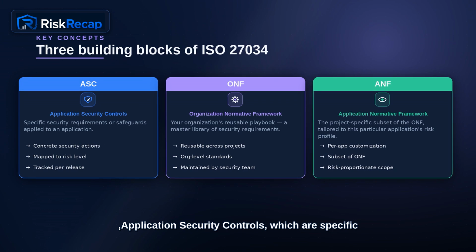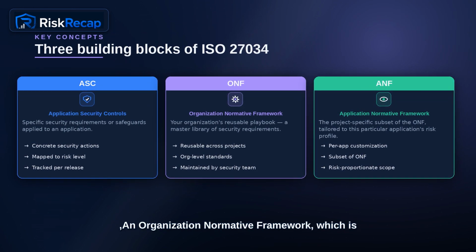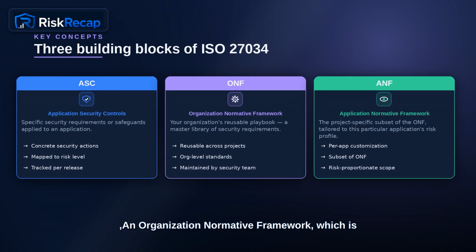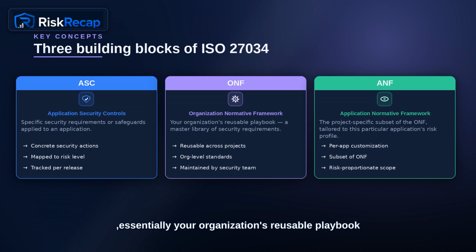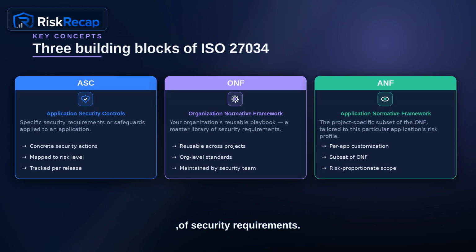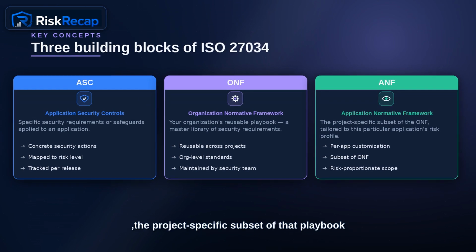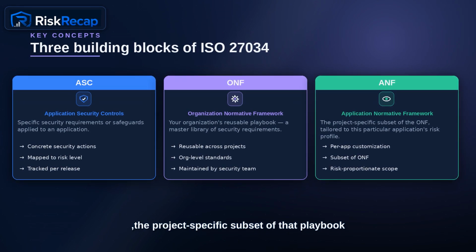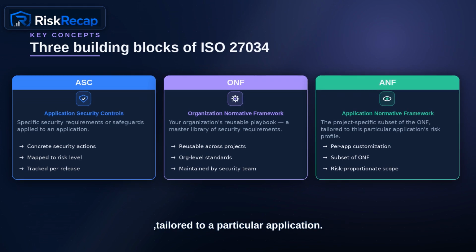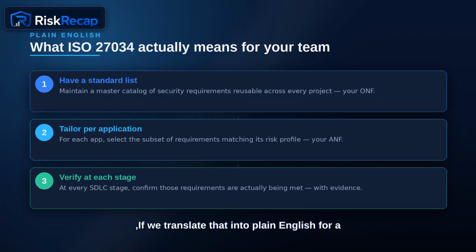The standard introduces a few concepts: application security controls, which are specific security requirements or safeguards; an organization normative framework, which is essentially your organization's reusable playbook of security requirements; and an application normative framework, which is the project-specific subset of that playbook tailored to a particular application.